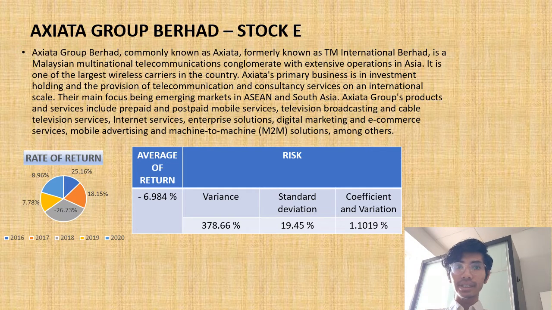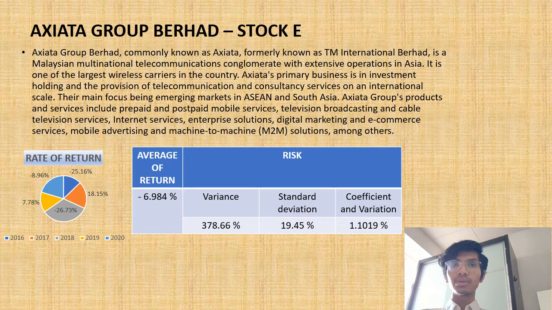The rate of return in 2016, as you can see in the pie chart, is negative 25.16%. Then the next year it increased to 18.15%. Then the following year it dropped to negative 26.73.